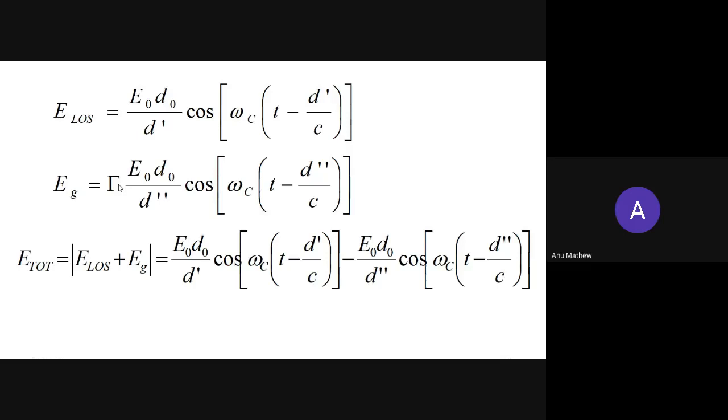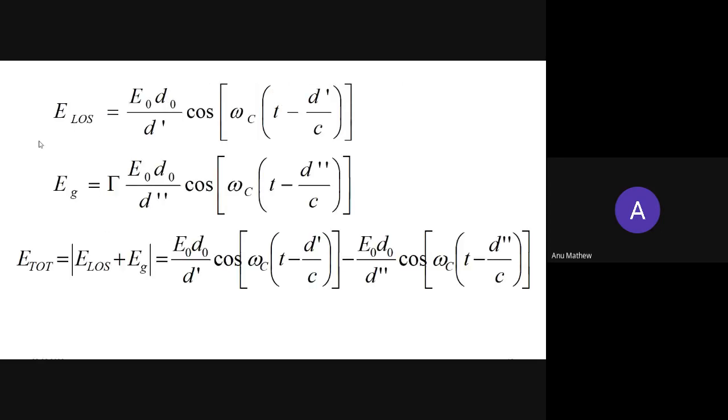That is why tau equal to -1, and therefore this plus becomes minus E naught D naught divided by D double dash cos omega C T minus D double dash by C. So this is the total energy of the ground reflected wave.